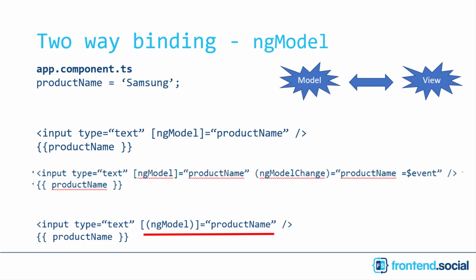So for that, you just have to mention the property name or model name. It will make sure that whenever you update the input box value, it will reflect on the UI, and whenever you update a model value inside your component, it will reflect on the UI. And that is how two-way binding will be achieved.